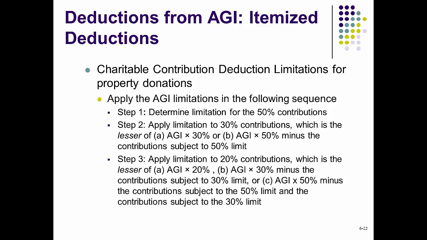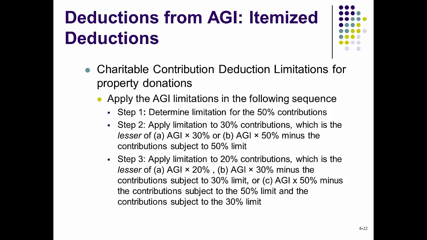Number 1, cash and property donation to public charity and private operating foundations are limited to 50% of the taxpayer's AGI. Number 2, capital gain property donation to public charity and private operating foundations are limited to 30% of the taxpayer's AGI. Number 3, cash and property donation to public charities and private non-operating foundations are limited to 30% of the taxpayer's AGI.